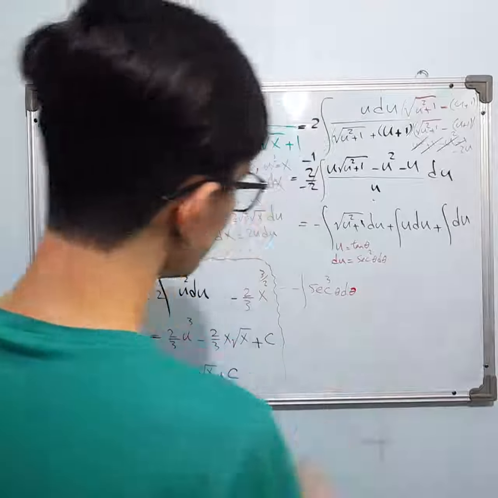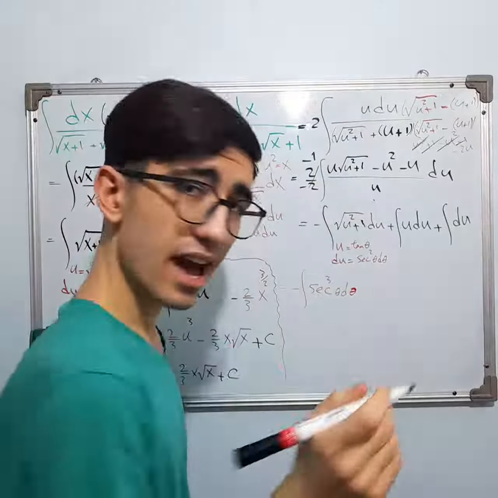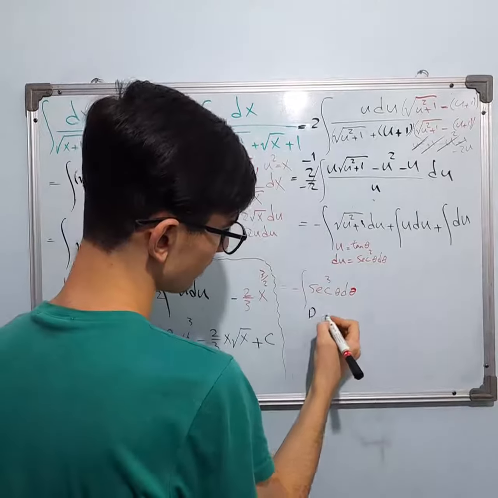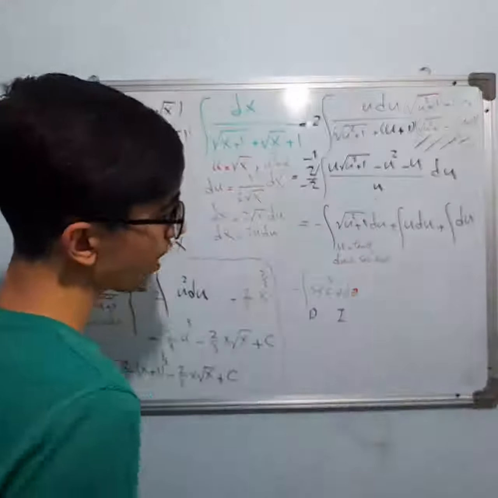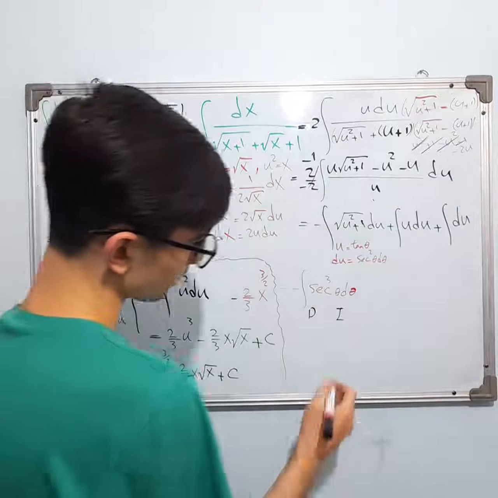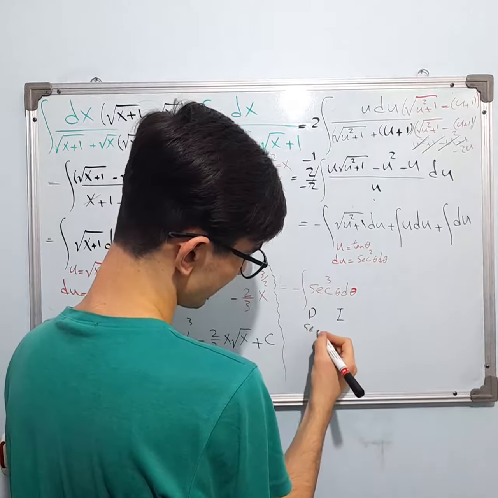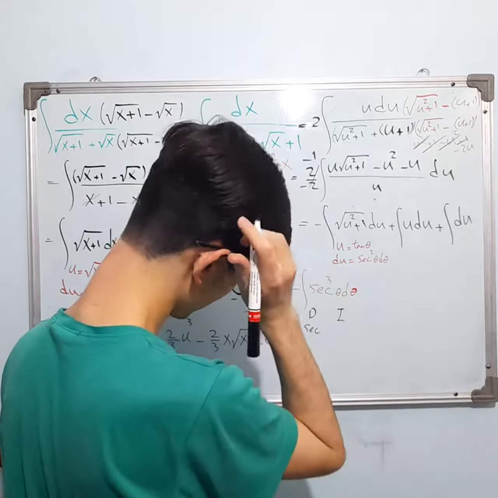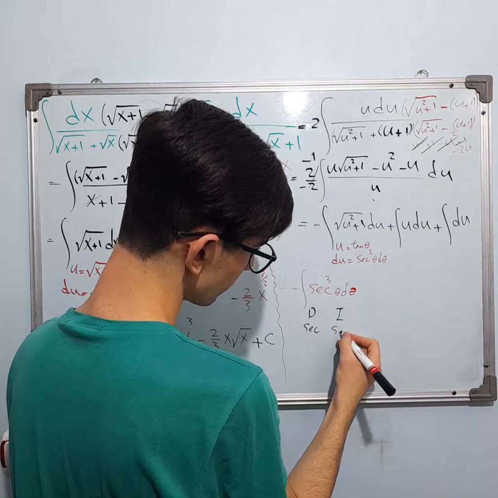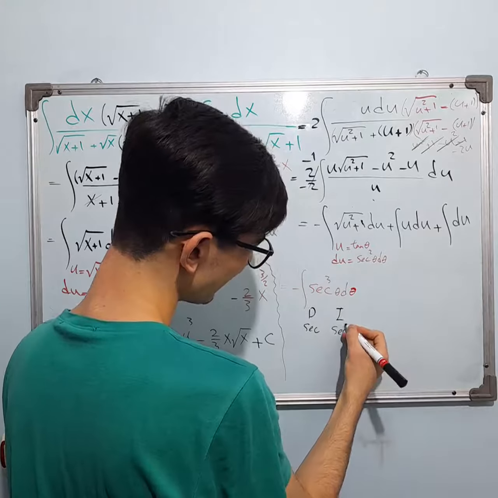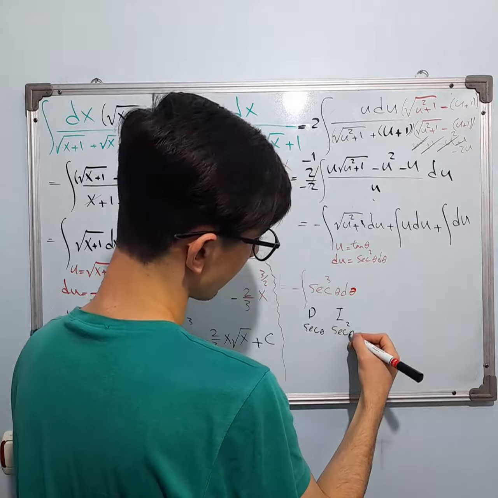And it needs a little work to do, so I'm gonna use the DI method, which we had in our previous video. So now I must differentiate secant and integrate secant squared theta.